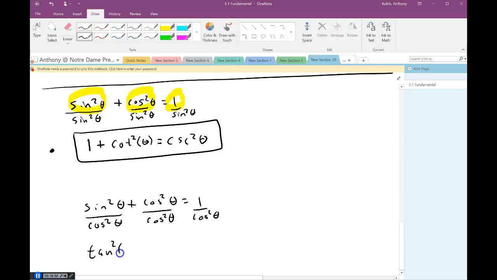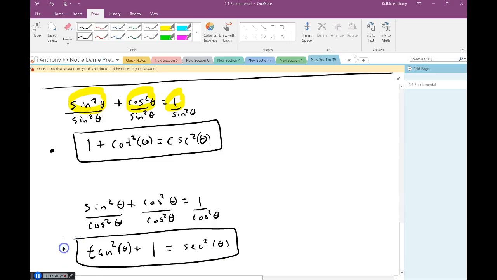So sine squared over cosine squared is tangent squared. Cosine squared over cosine squared is 1. And 1 over cosine squared is secant squared. And that's our third Pythagorean identity.